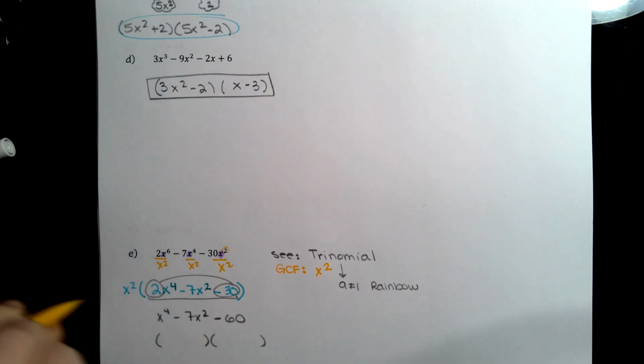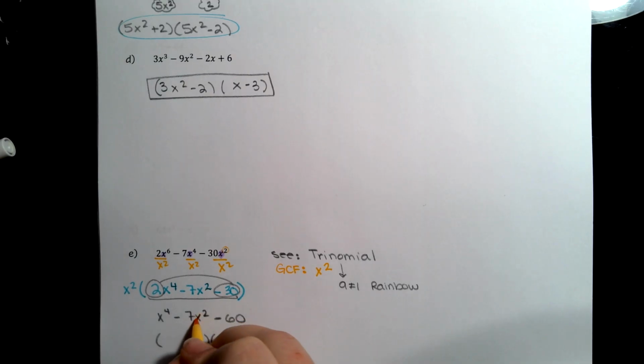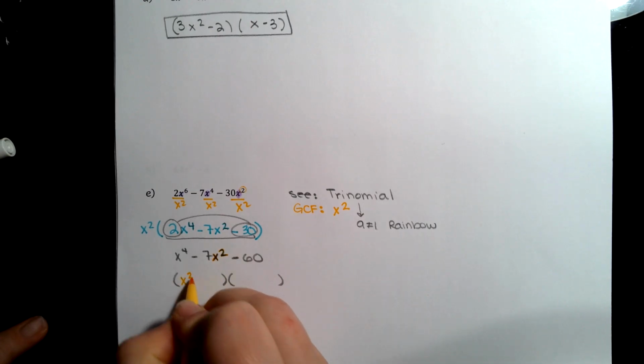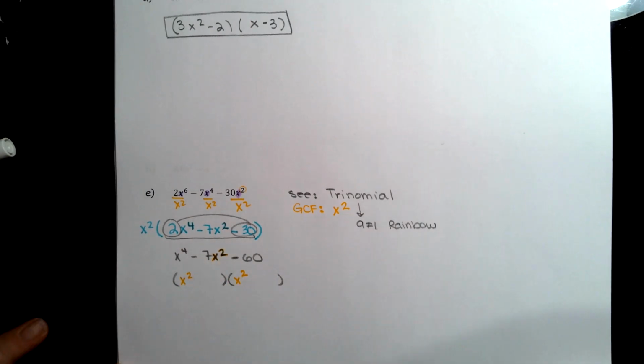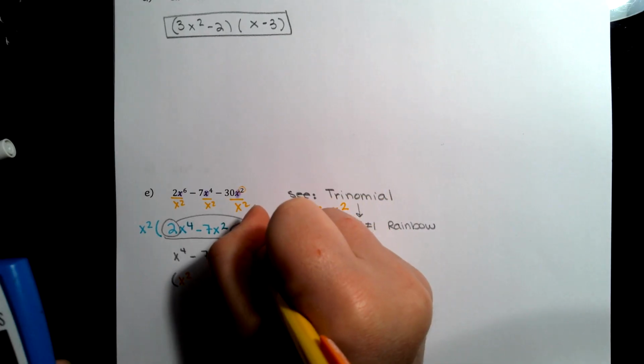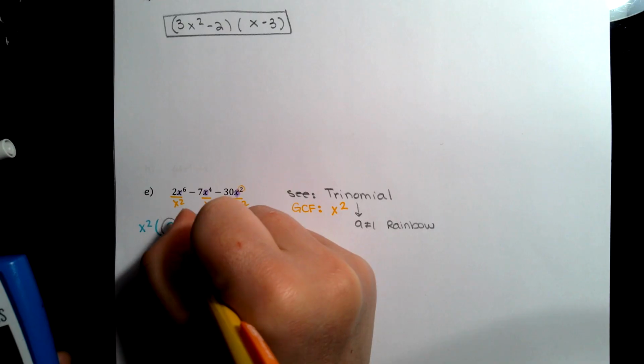Guess and check here. Again, the trick to knowing what you're writing in your binomial factors is you're going to take this middle term, and that happens only for your trinomials with a pattern. Next, we're going to guess and check two numbers that multiply to -60, but add up to -7.